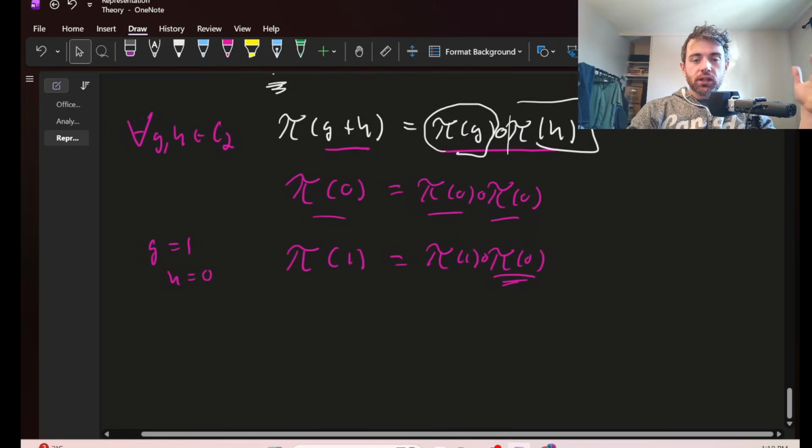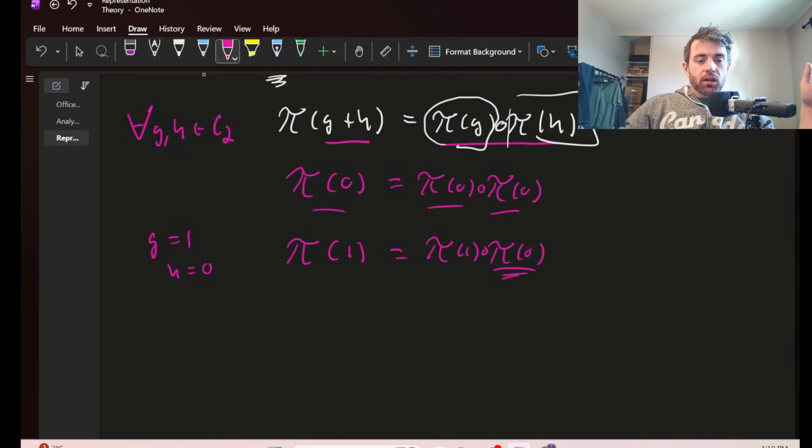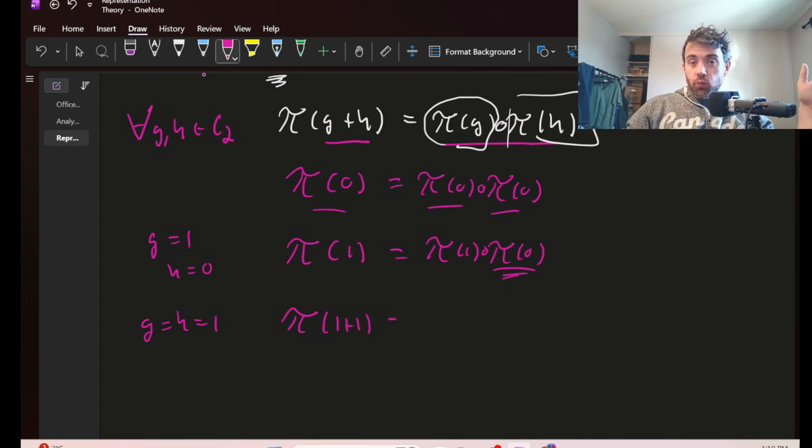So really the only last condition that needs to be satisfied, where something significant happens, is if I take both g and h equal to 1. In this case, this says that pi of 1 plus 1 is equal to pi of 1 composed with pi of 1, right?